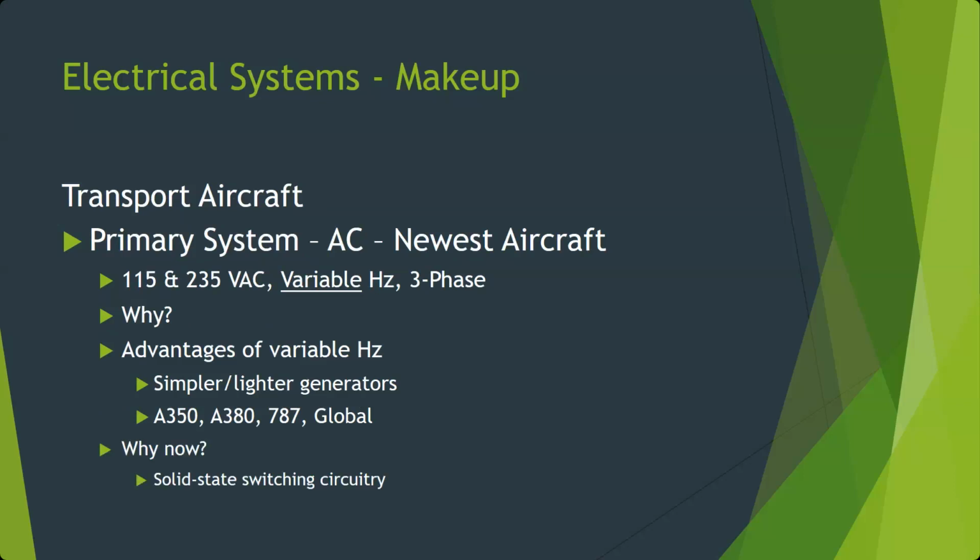So solid state switching circuitry is used in order to provide that constant frequency for something where it's important, and for everything else we say we don't care if it's running at 400 hertz right now and if it's running at 300 hertz on descent and if it's running at 600 hertz during takeoff and climb.